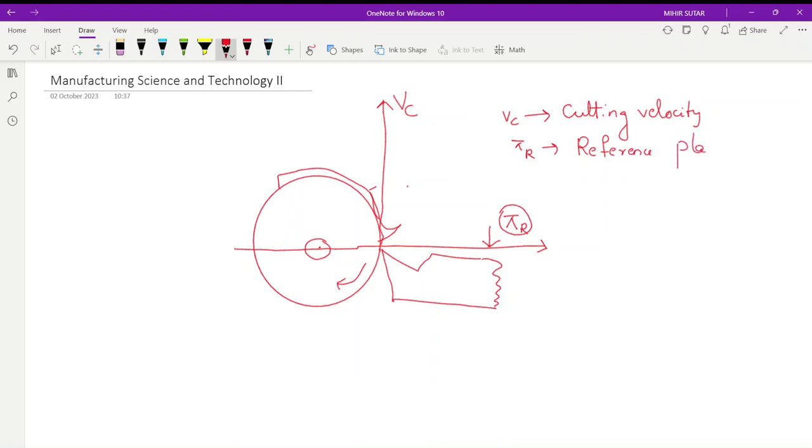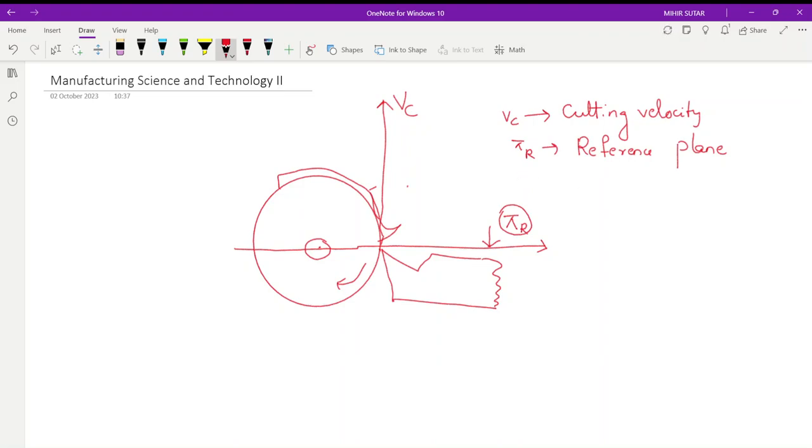What is this reference plane? The reference plane is always the plane which is perpendicular to the velocity vector. Here the velocity vector is like this, so along the x-axis is your reference plane, that is pi r.